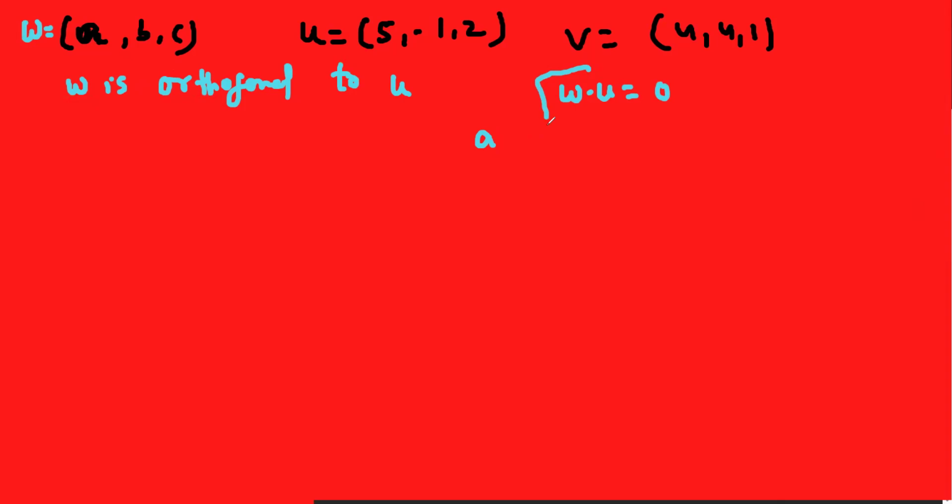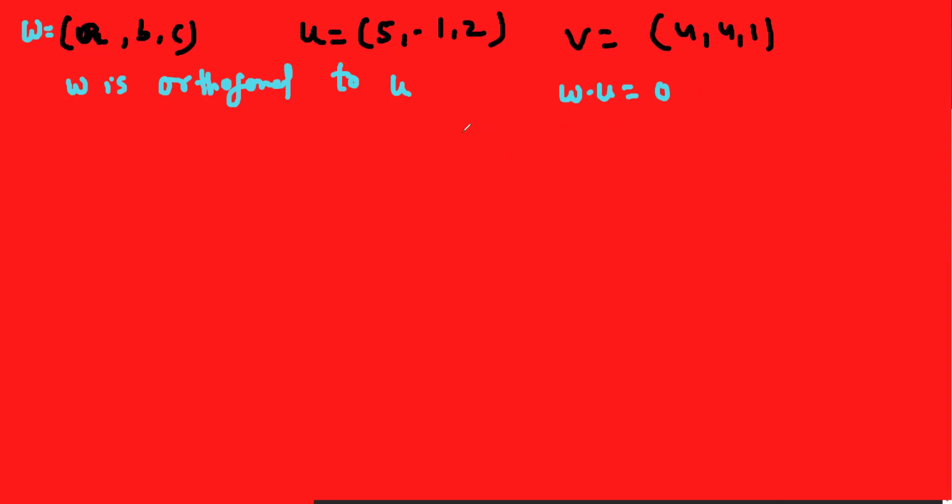What is the condition for two vectors to be perpendicular? The dot product is 0 because cos 90 is 0. So whenever the product of two vectors gives 0, it means they are orthogonal. So W dot U must be 0.